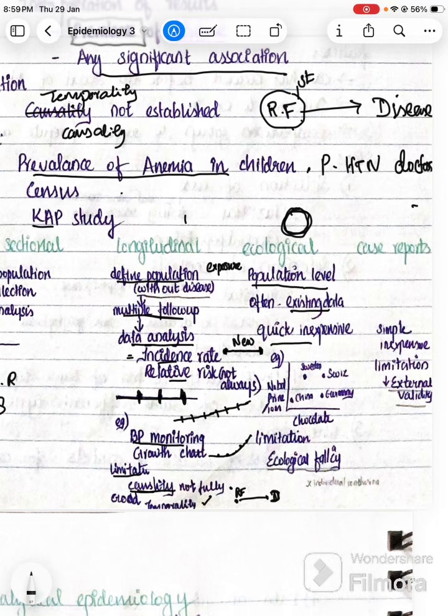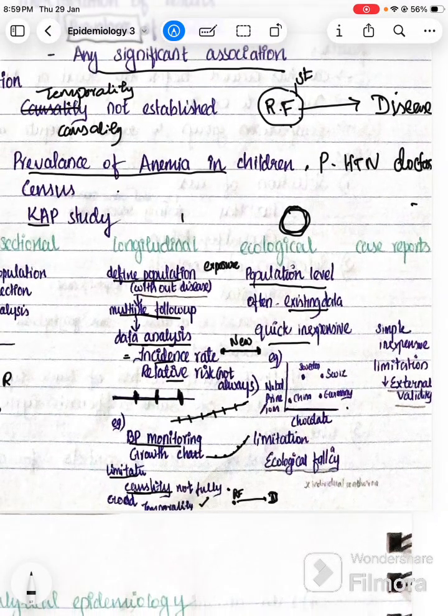It's quick and inexpensive. On the X-axis we have chocolate users, and on the Y-axis we have Nobel Prize winners. China has fewer Nobel Prize winners, and chocolate also they are not using much. Switzerland and Germany are using more chocolate. Nobel Prize winners are also more in Switzerland. So it's country-wise, a large group, they are going to compare.